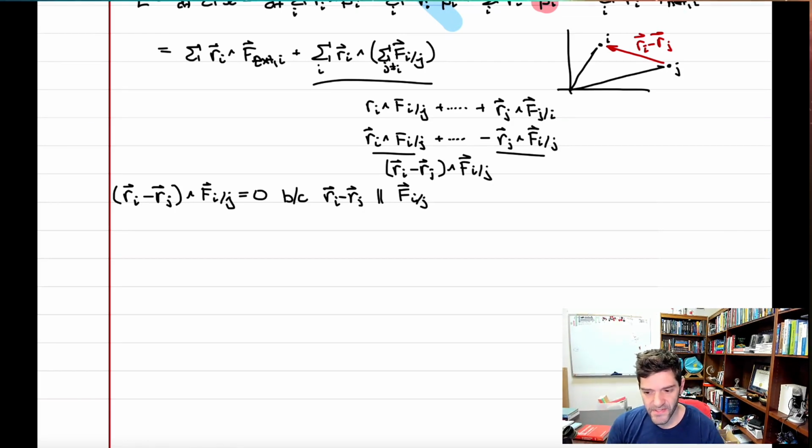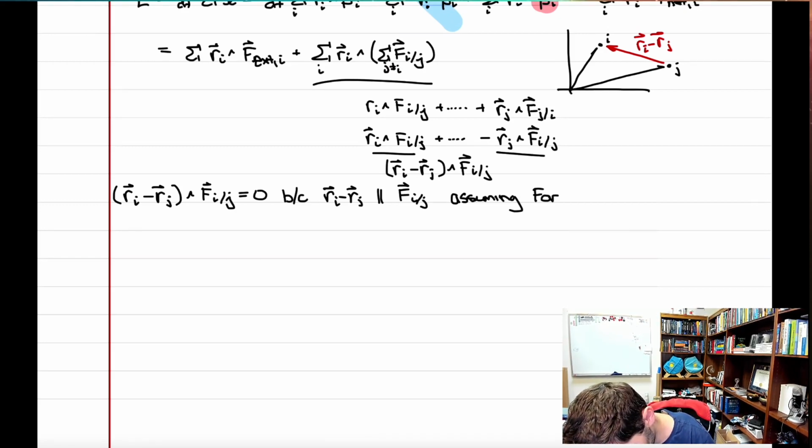This is on the assumption that interactions, when they occur, are forces that point towards each other. So this is assuming the forces between two objects point towards one another.